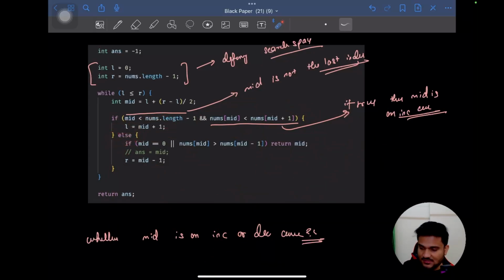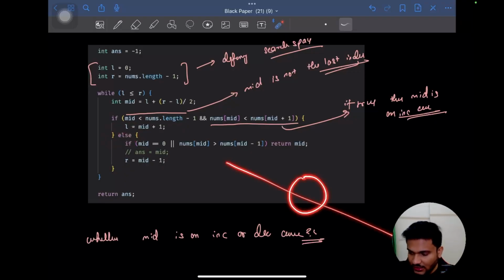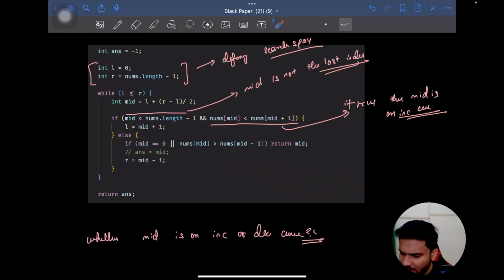Else, if you are on a decreasing curve, now if you want to check if you are on a decreasing curve, either you can compare it with mid plus 1, or maybe you can compare it with mid minus 1. Anything you can do, right? If you are doing it with mid plus 1, then you do not need this check. But if you are doing it with mid minus 1, then you need to check whether you are the first element or not.